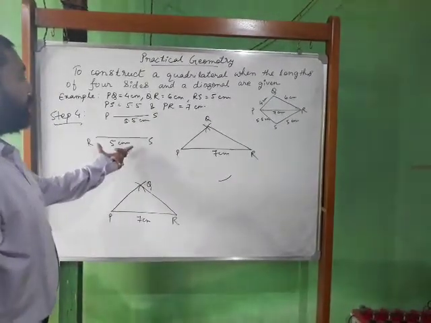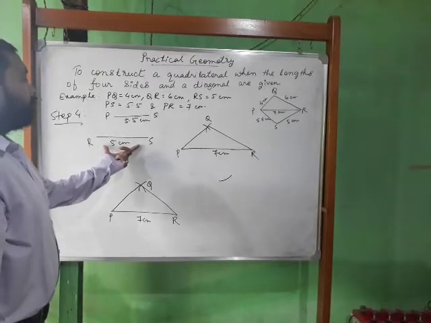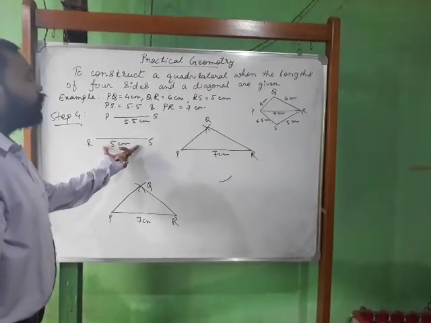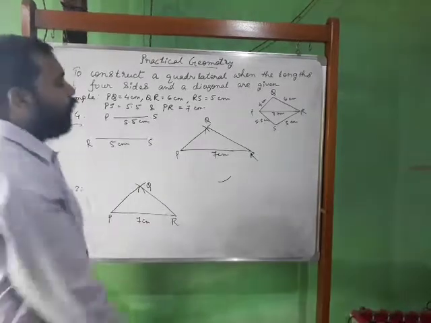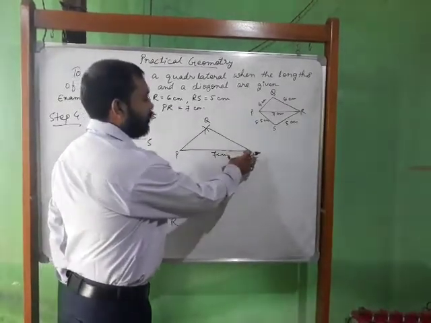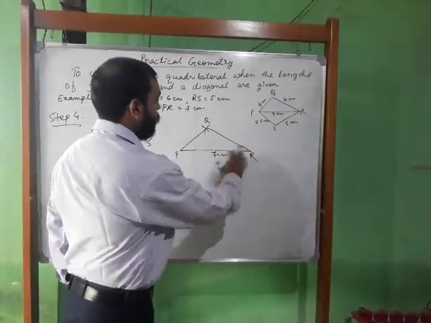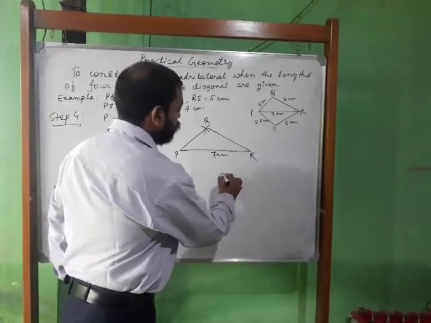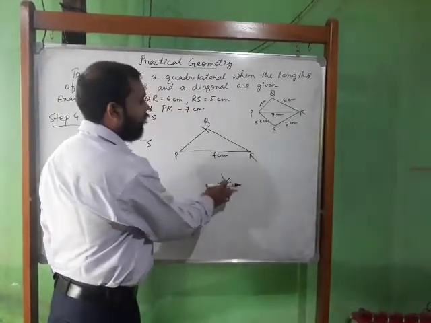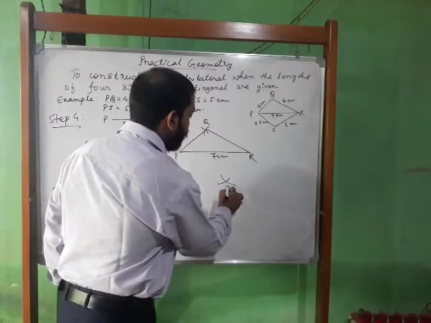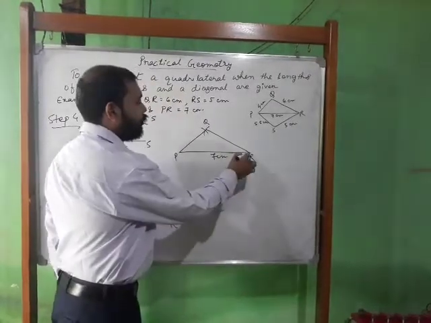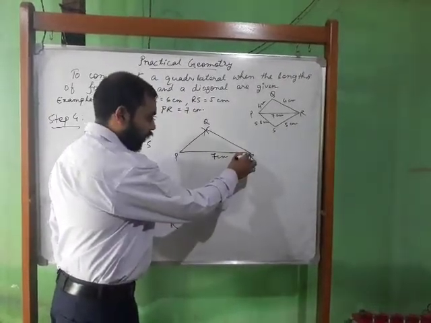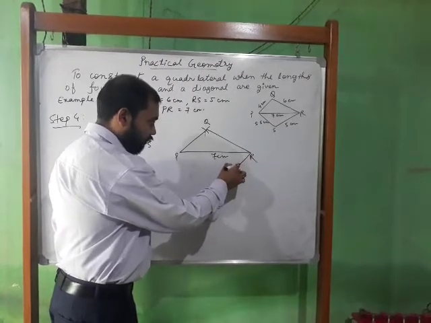Now take the radius RS, that is 5 centimeter, with the help of your compass. From the point R, draw an arc below this PR which will intersect the previous arc at point S. Now you join this RS with the help of your scale.